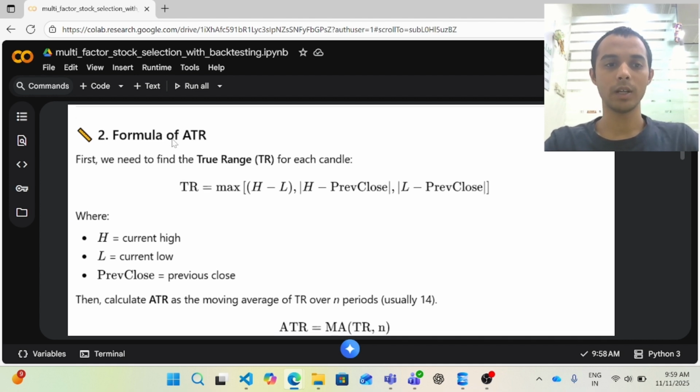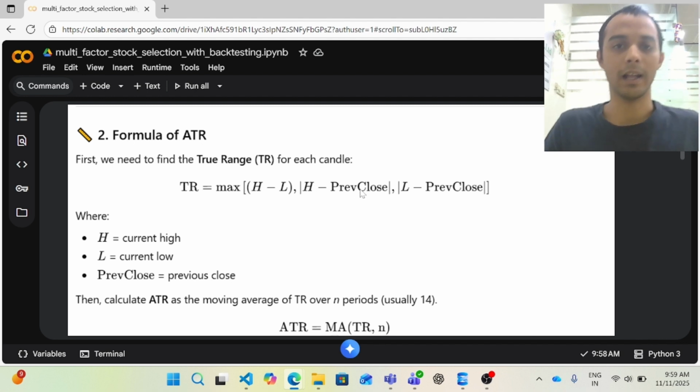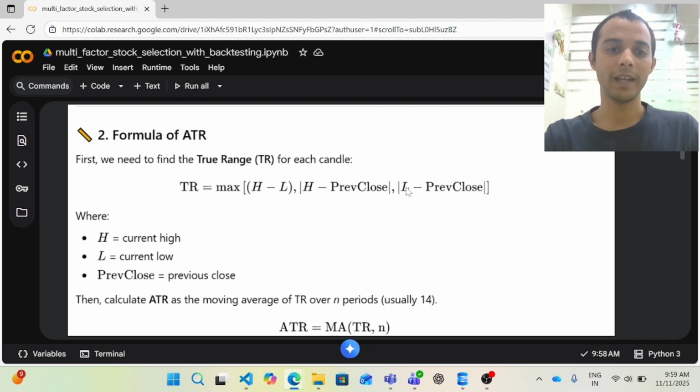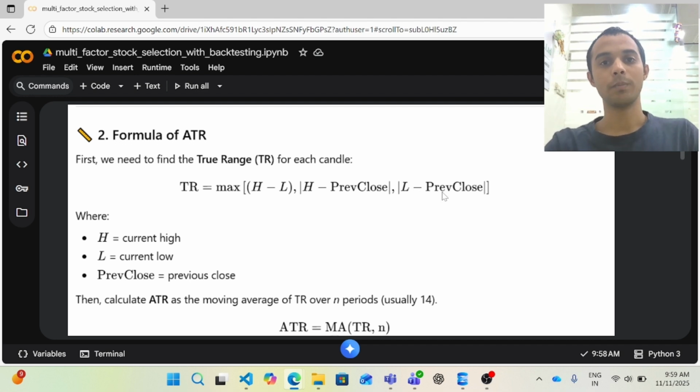So the formula for ATR is here. It may look complex, but I will simplify it. Take it as three parts. First, high minus low for that period, and high of that period minus the previous close from the current candle. And low of that period minus the previous close from the current candle that we are on.